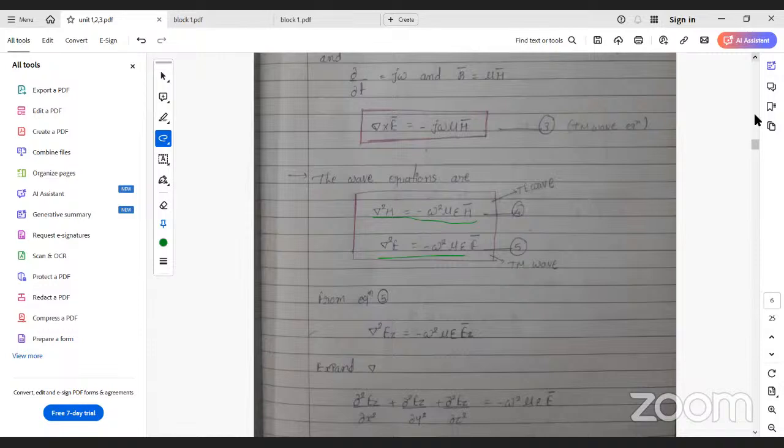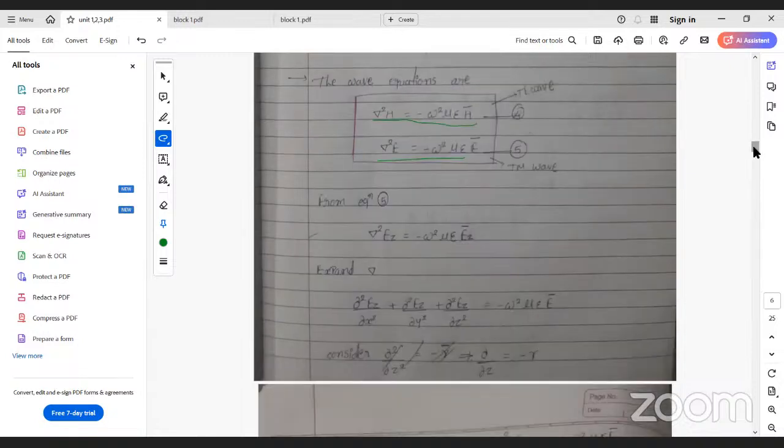From equation 5, I am taking the z-axis component. Del square Ez equals minus omega square mu epsilon Ez. Now we will expand del square in terms of x, y, z components: dou square by dou x square, dou square by dou y square, dou square by dou z square, written for Ez along the z axis.